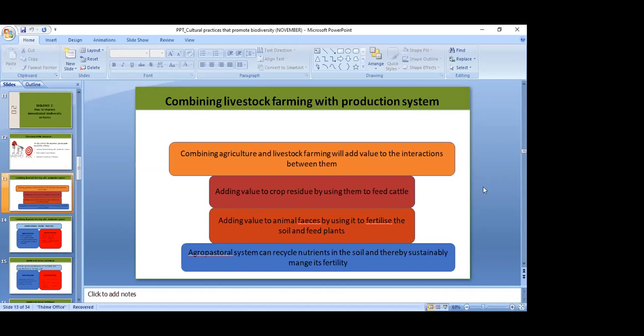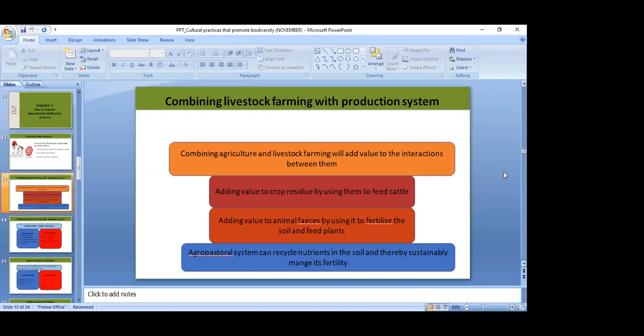When you combine livestock farming and agricultural production together, you have what we refer to as an agropastoral system, and what that does is that it recycles the nutrients in your soil and makes it very, very fertile.